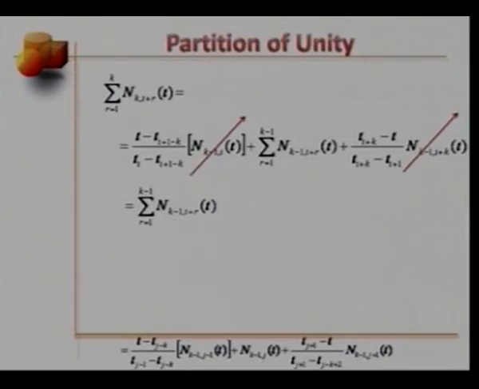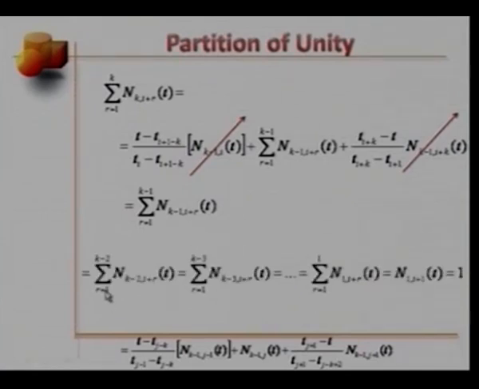We can use this observation to further reduce this result to summation r going from 1 to now k minus 2 n_k minus 2,i plus r of t. We do not lose the generality when we reduce the summation from this one to this one. And we can keep on doing this further.